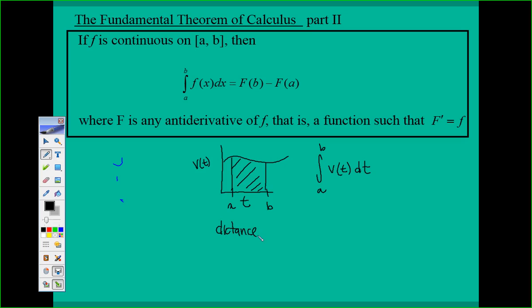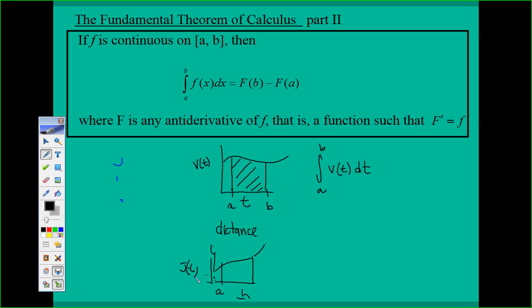What if I gave a position function related to this velocity curve? Let's say the position function looks something like this, from a to b. How would we find the distance traveled if we had a position function? This is our s of t.